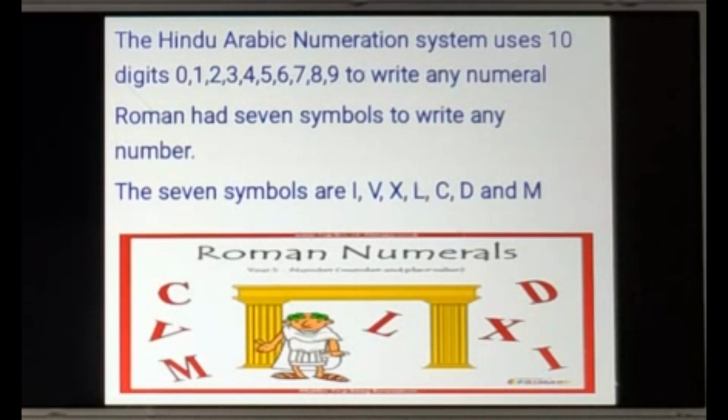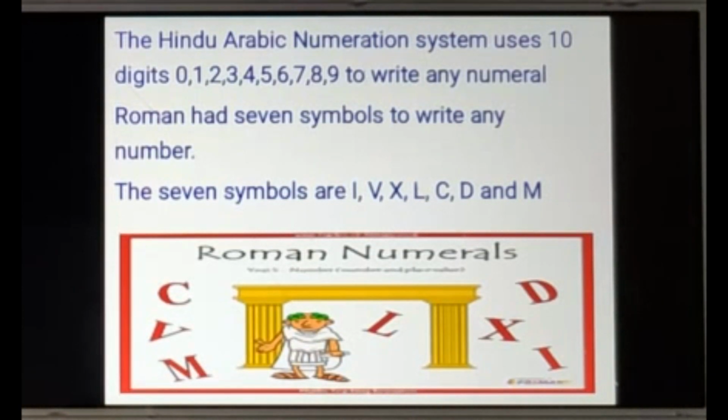The Romans had 7 symbols to write any number. Like we have 10 digits starting from 0 to 9, the Romans used symbols to write any number.